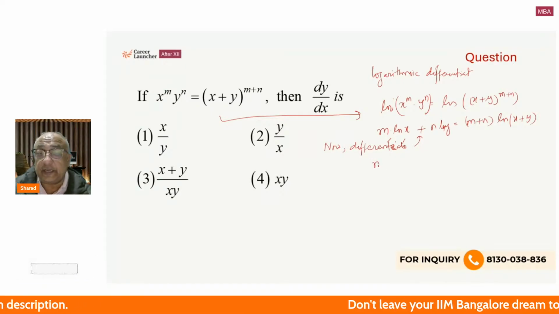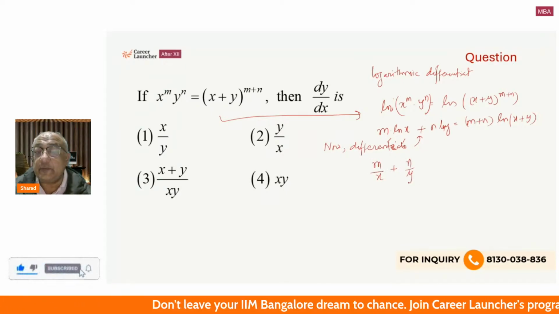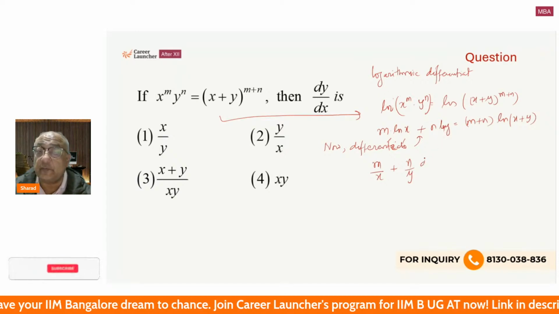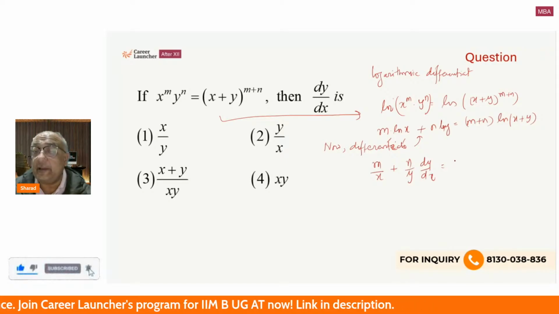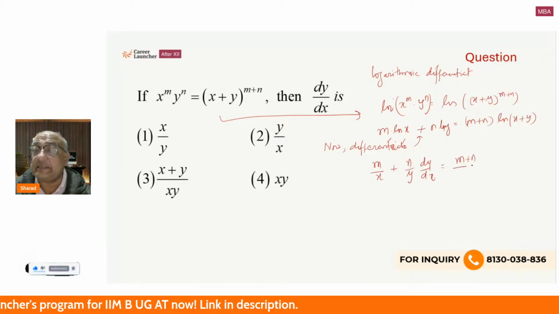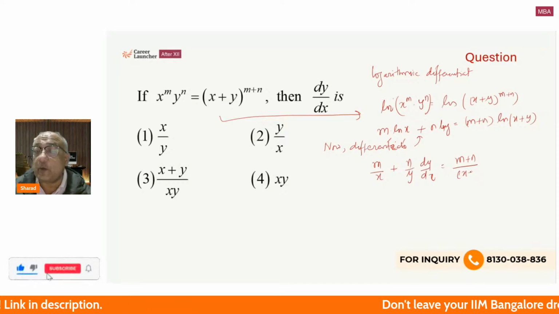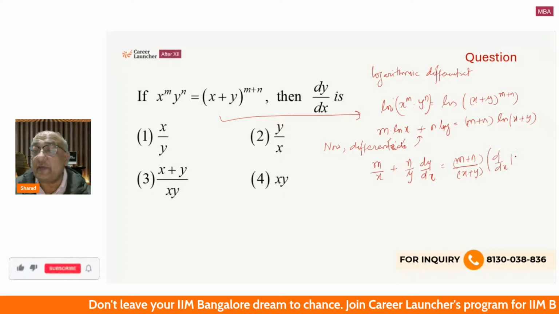Now if I differentiate, I'll get m upon x plus n upon y, because the differentiation of log x is 1 by x, and of log y is 1 by y, but y is not x, so dy by dx will remain here. Similarly, I'll have m plus n upon x plus y, and in bracket I will have d by dx of x plus y.